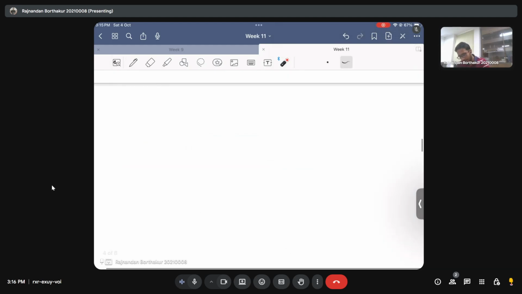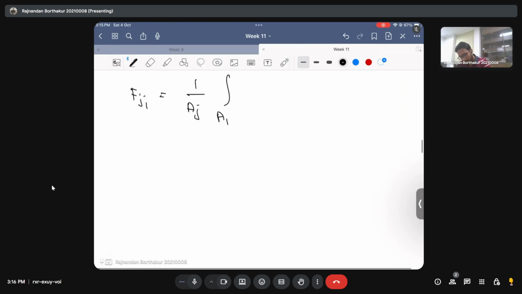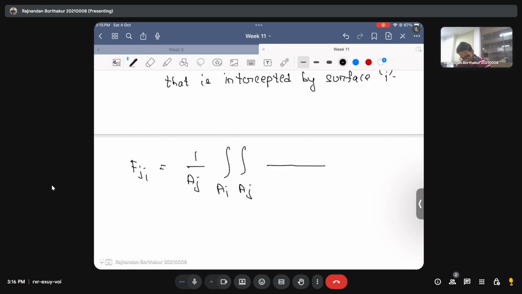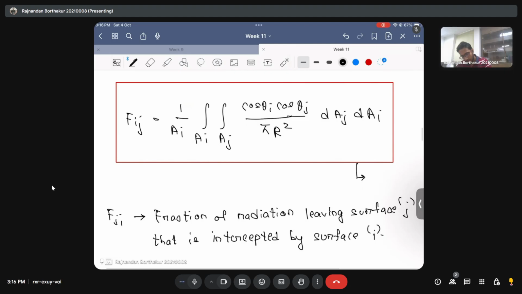Fji can now be defined as 1 upon Aj, integral over Ai, integral over Aj, cos theta i cos theta j by pi r square, daj dai. Okay, let's call this the second equation that I wrote.